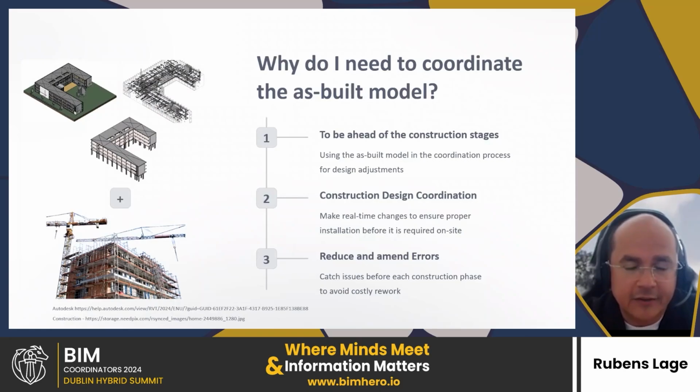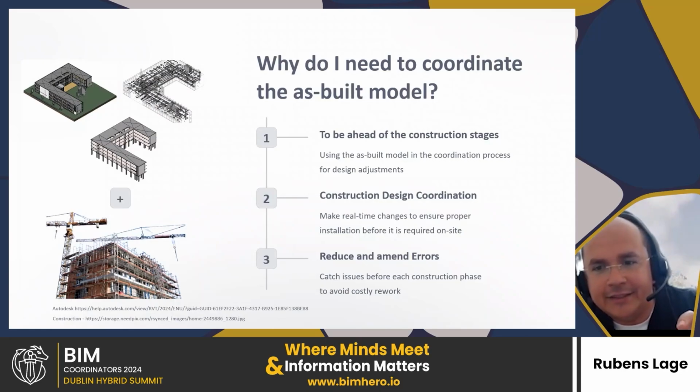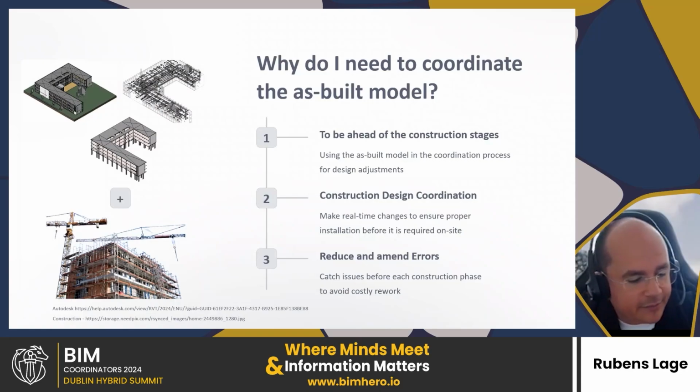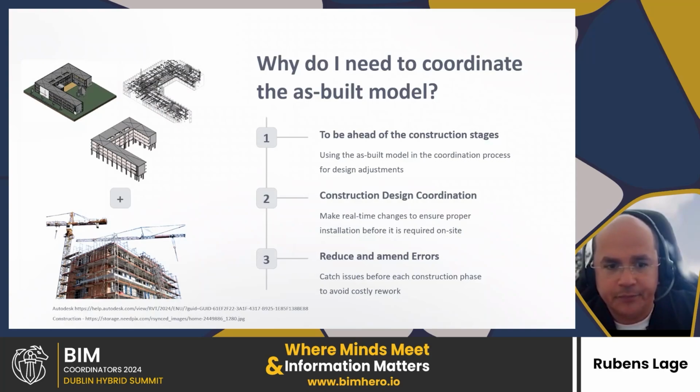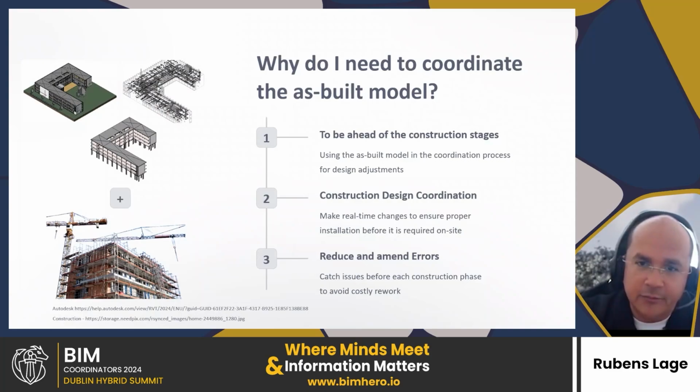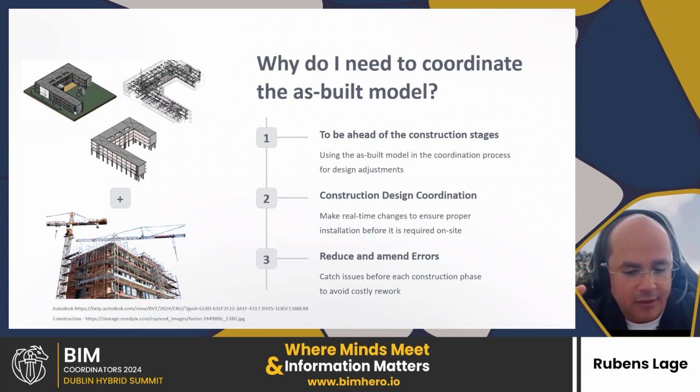The structure is there, so the structural design is not reflecting reality anymore. When I go build the next stage, the MEP, I now have a new model. That model is the reality. If I come with my ideal MEP trying to connect with my reality structural model, they won't fit perfectly. So we need to make adjustments.